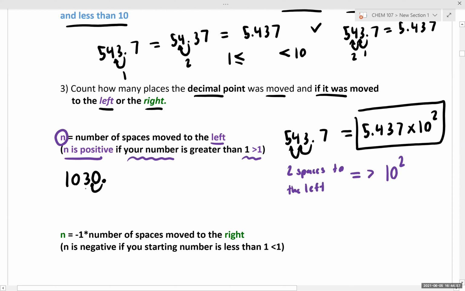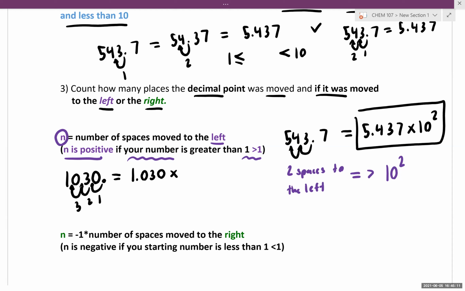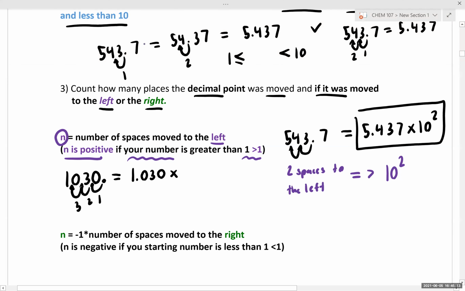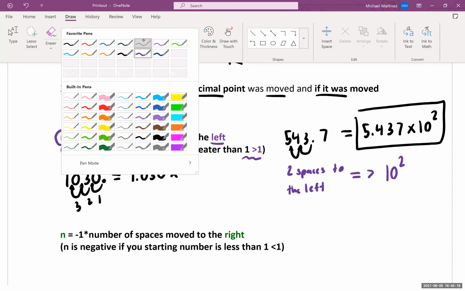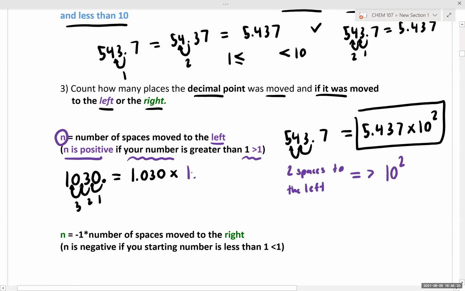We then move our decimal point until we end up with a number between 1 and 10. Moving our decimal point over 3 times gives us 1.030. And because we moved our decimal point 3 spaces to the left, that would give us a positive power of 10. So that would give us 10 to the third.